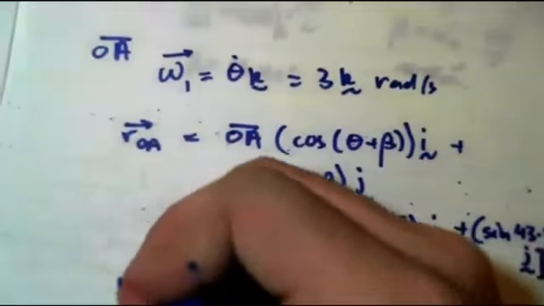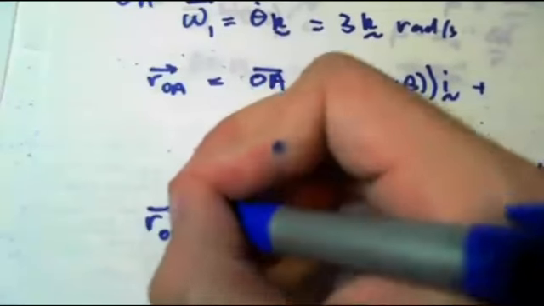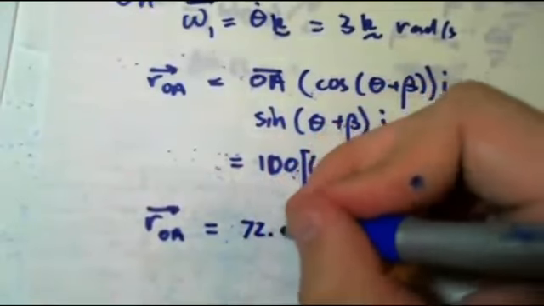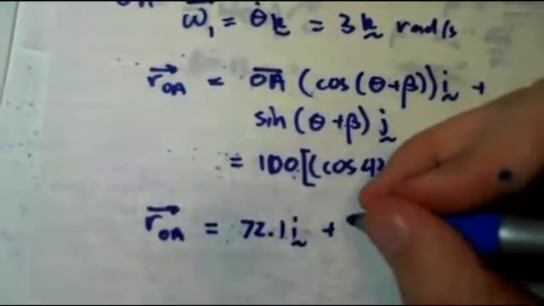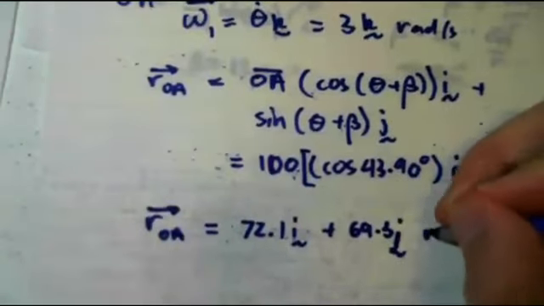We end up with a position vector, at this instant, of 72.1i plus 69.3j millimeters.